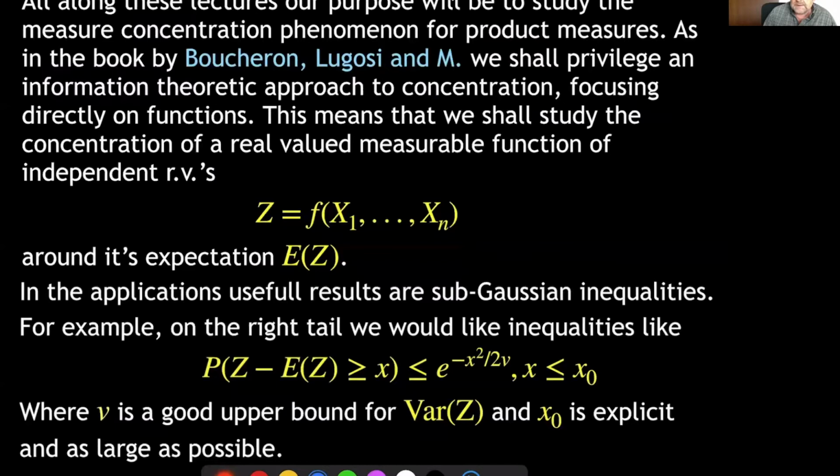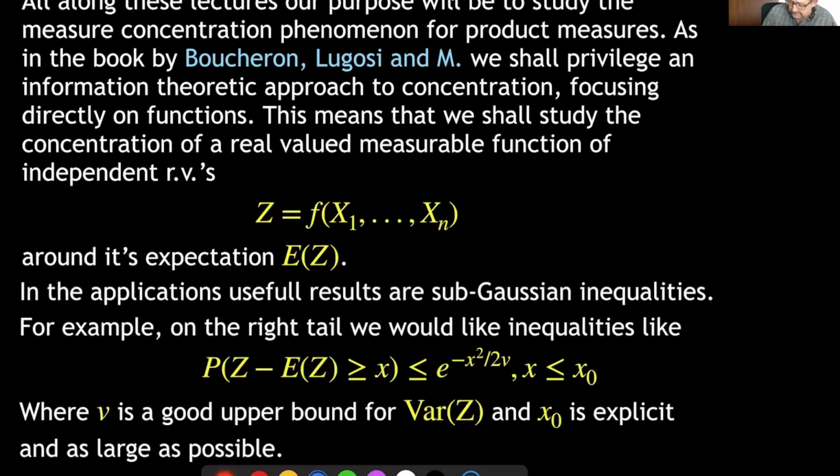Of course, in the general case, you cannot expect such neat inequalities as in the Gaussian case, but as you will see, we shall get some sharp results where we shall be able to provide a Gaussian decay for the tail probability with a variance factor which will typically be a good upper bound for the variance.